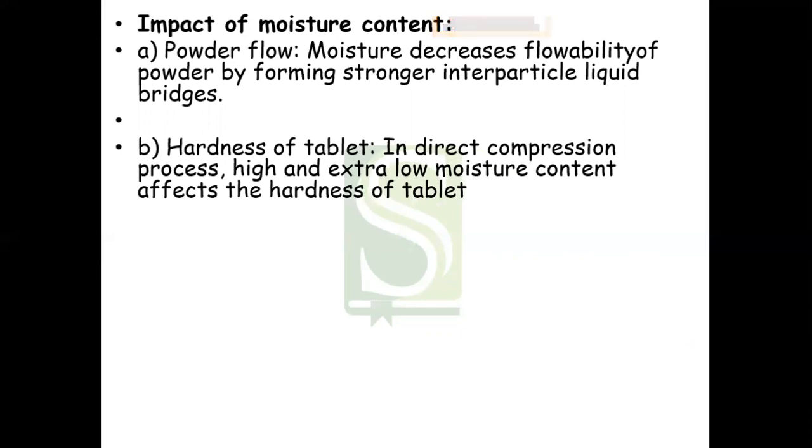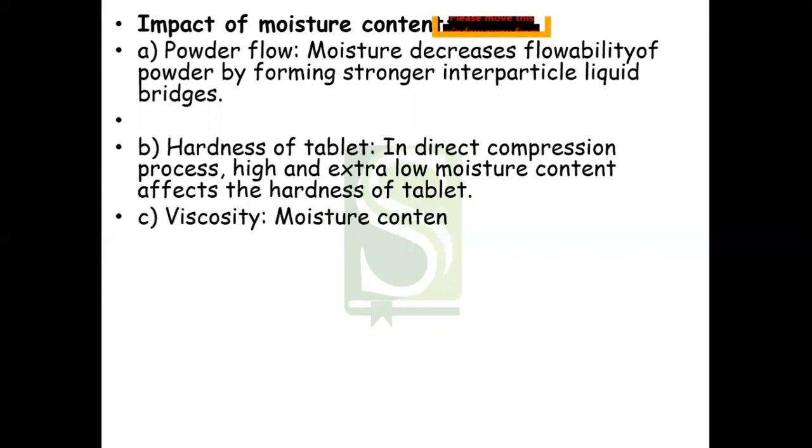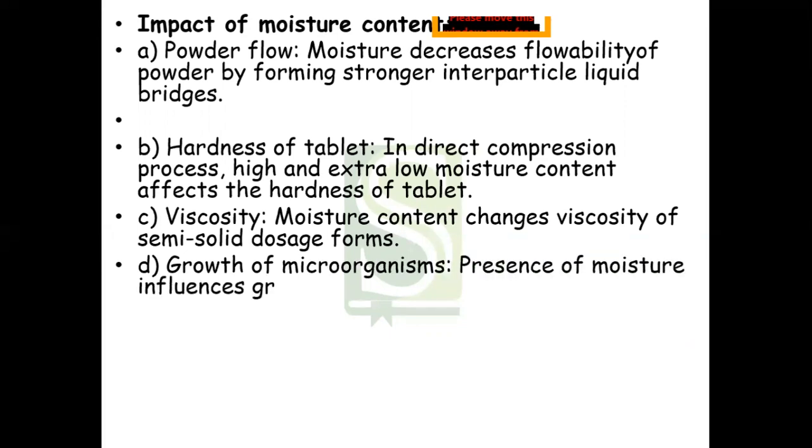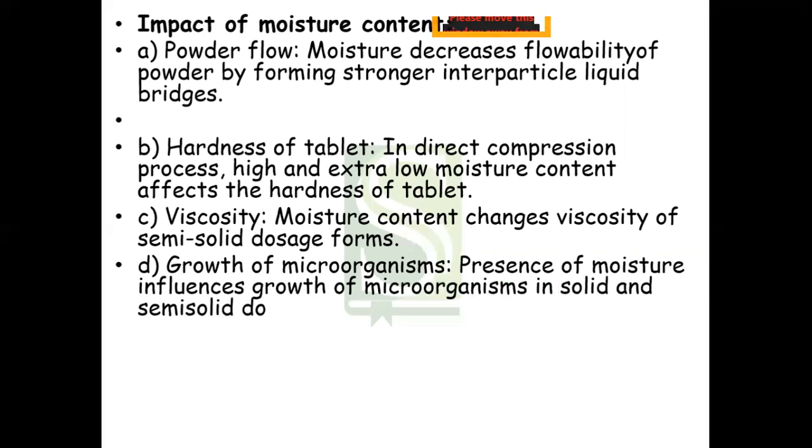The next property which is affected is the hardness of the tablet. In the direct compression process, high and extra low moisture content affects the hardness of the tablet. Next is viscosity. Moisture content is surely going to change the viscosity of the semi-solid dosage form. If moisture is present, viscosity is lowered. If moisture is absent, viscosity is high.